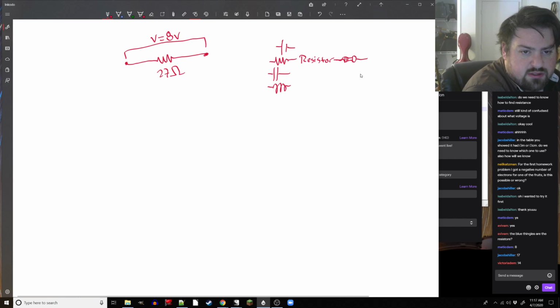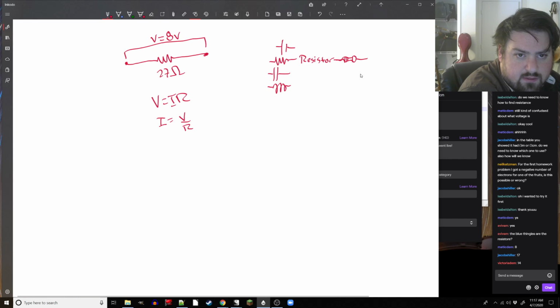So if we use Ohm's law, V equals IR, we can figure out the current going through it, the electrons per time, or the charge per time. So V equals IR, we want to figure out current, so I equals V over R, so 8 over 27.